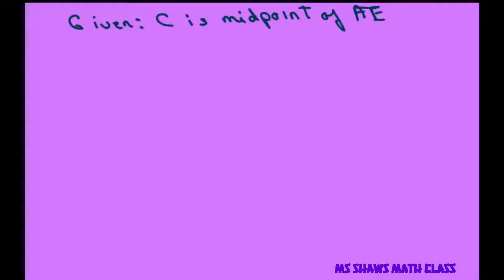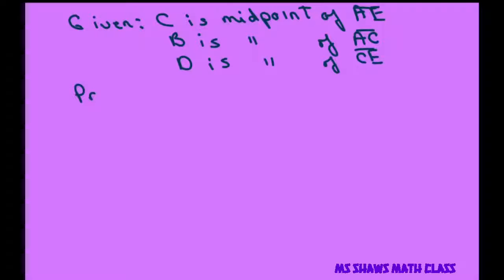And B is the midpoint of AC. And also D is the midpoint of CE. And we want to prove that AB equals DE.